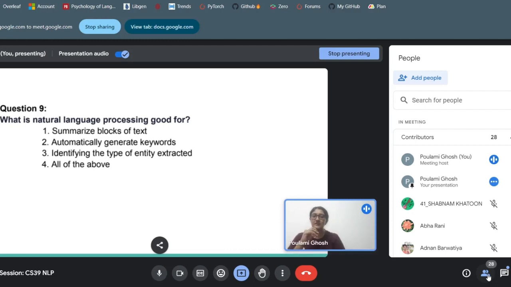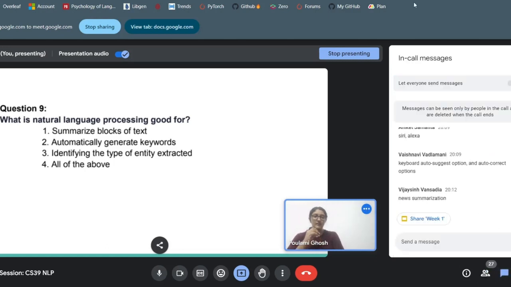I think ChatGPT does very well; if we give a huge block of text, it is very good at summarizing. So summarization and information retrieval are many things that natural language processing can do.